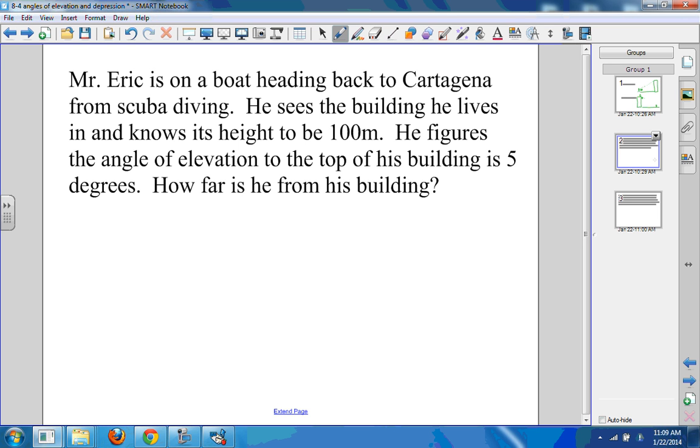All right, so let's draw a picture of this. If we draw a picture, we have some water. I'm not very good at drawing boats, so I'm just going to put myself here. So there I am floating on the water, and we have a building.